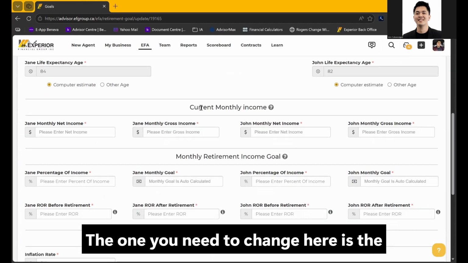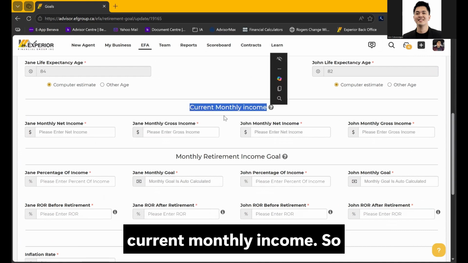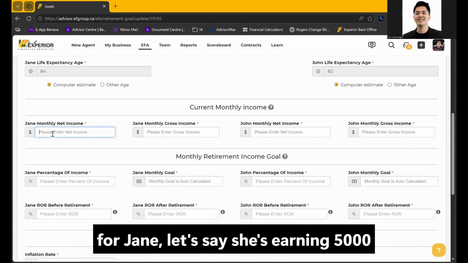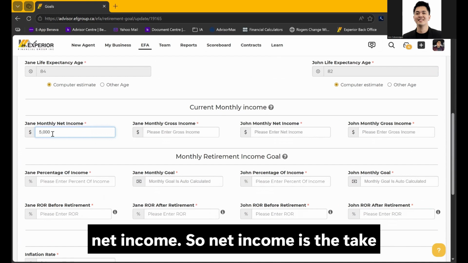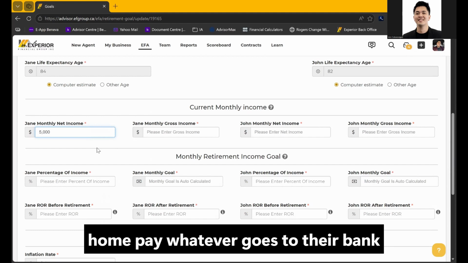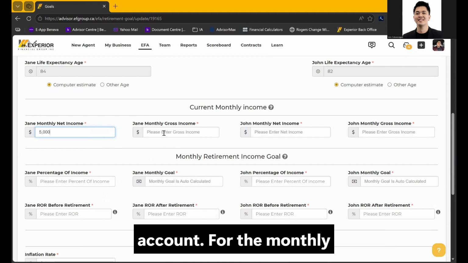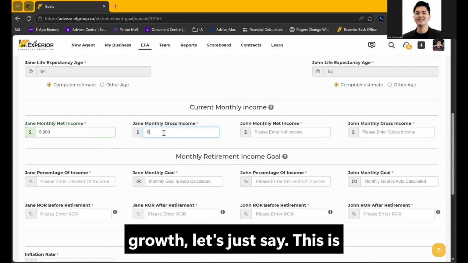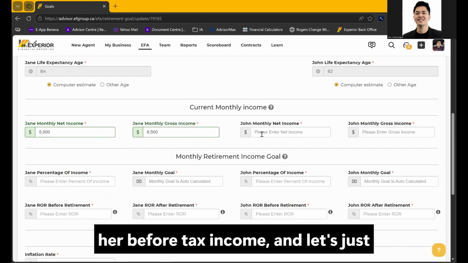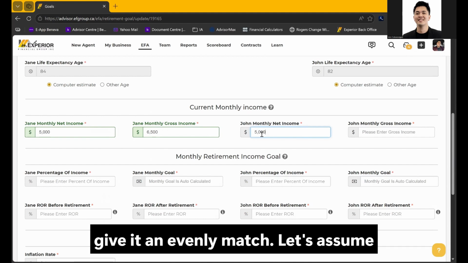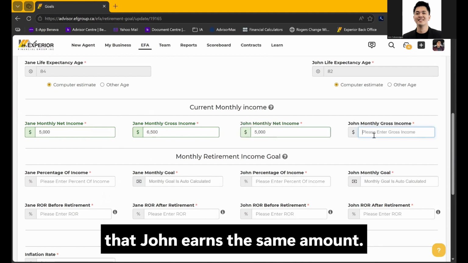The one you need to change here is the current monthly income. So for Jane, let's say she's earning 5,000 net income. So net income is the take-home pay, whatever goes to their bank account. For the monthly gross, let's just say this is her before tax income. And let's just give it an even match. Let's assume that John earns the same amount.